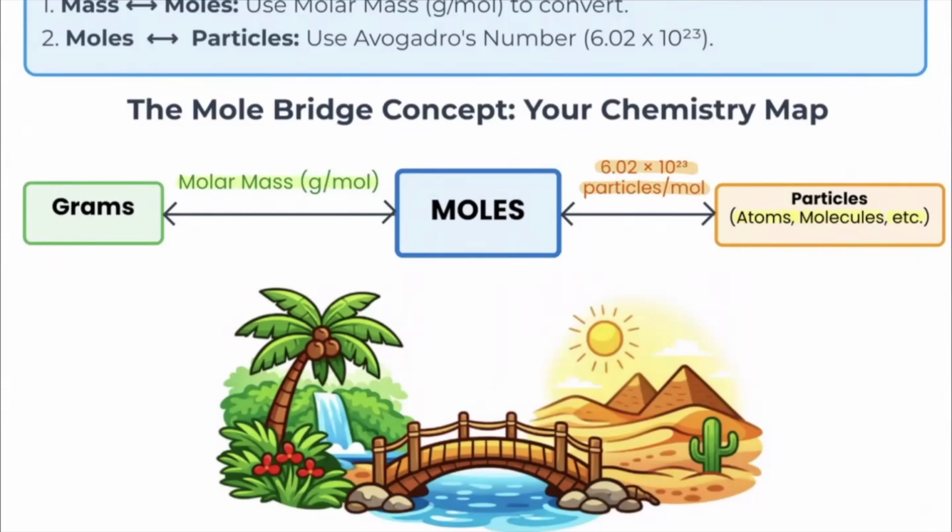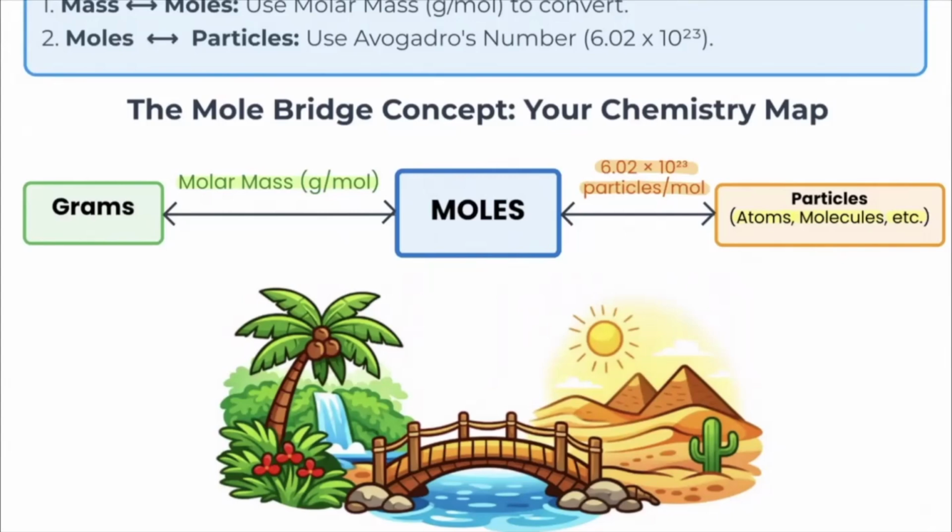And of course, as you would guess, if you want to go the other way around, where you start at particles and you want to get to grams, the first step would be to use Avogadro's number, right? To go from particles to moles. And then to go from moles to grams, you use molar mass. And if you remember from my last lesson, Avogadro's number tells you that in 1 mole, there are 6.02 times 10 to the 23rd particles.